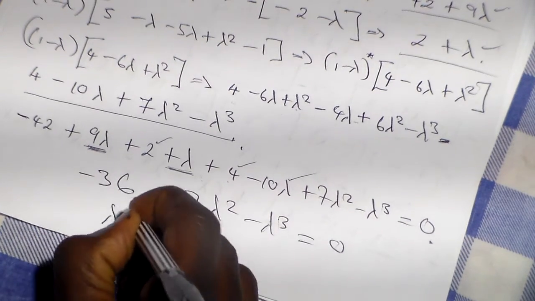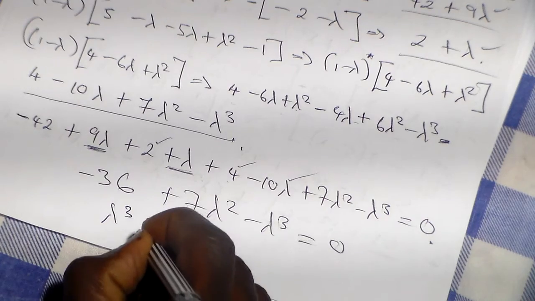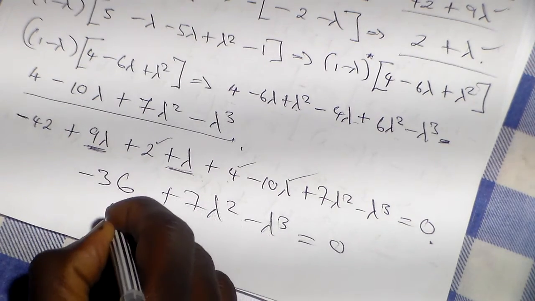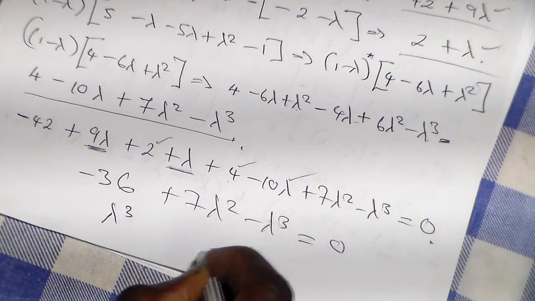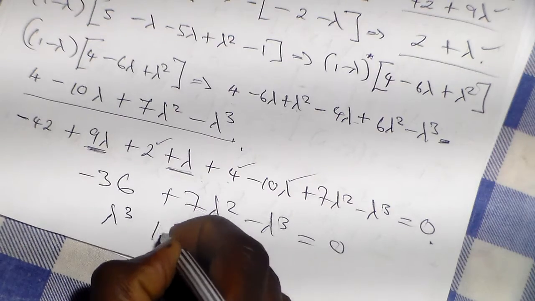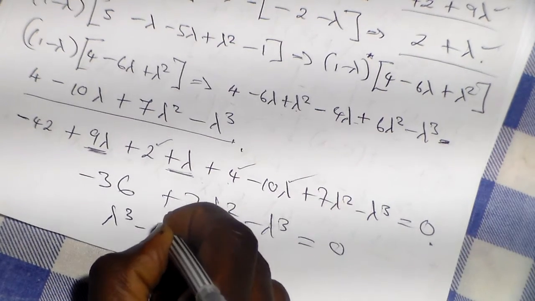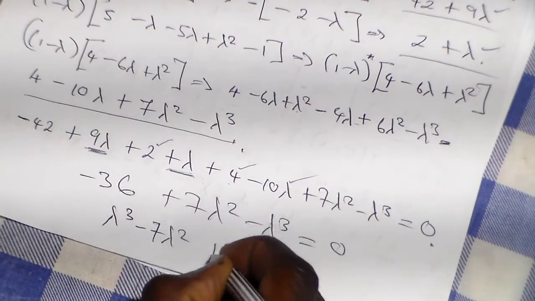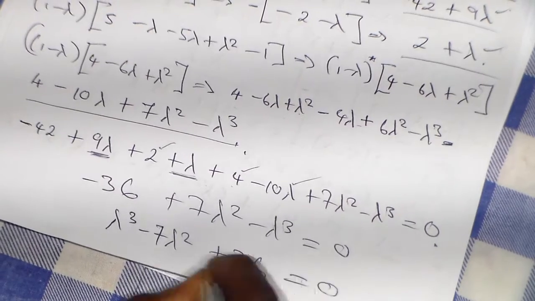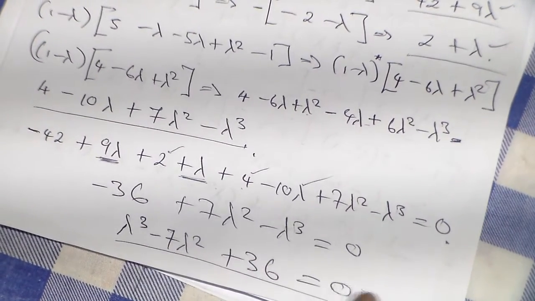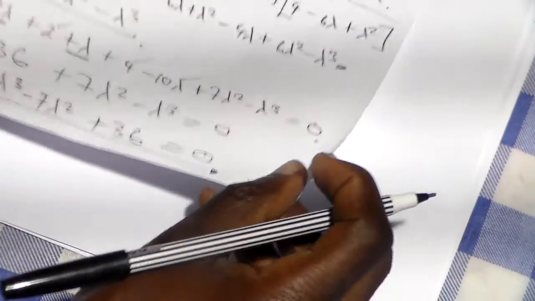Then expressing this characteristic equation with a positive highest power of lambda, we are getting lambda cubed minus 7 lambda squared plus 36 equal to 0. This is my characteristic equation from which I'm going to get the eigenvalues.